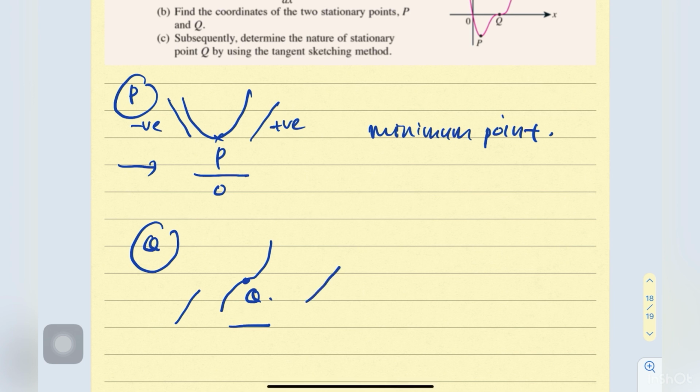We can see the gradient dy/dx changes from positive to 0 and then to positive again. There is no change in sign as x increases. So therefore Q is a point of inflection.